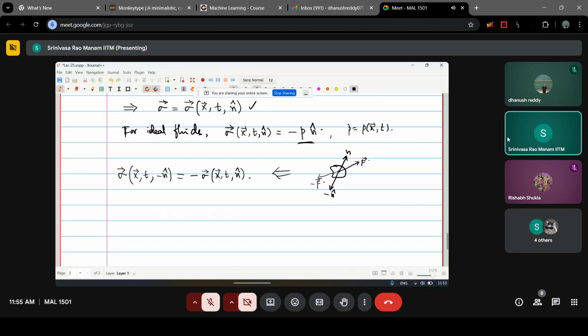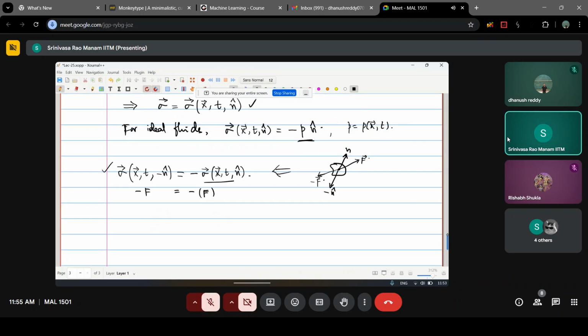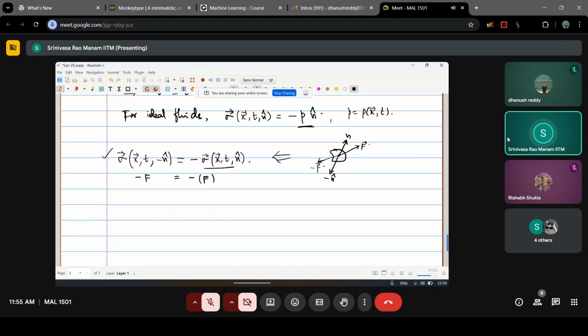So the first observation is that once you change the orientation, inward or outward, the vector changes to its negative, because it's after all a force.